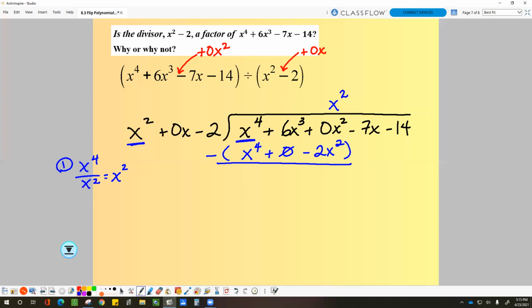I'm subtracting the polynomial, so I change all the signs and combine like terms. X to the 4th minus x to the 4th is 0. 6x to the 3rd minus 0 is 6x to the 3rd. 0 plus 2x squared is 2x squared, and I bring down the next term.